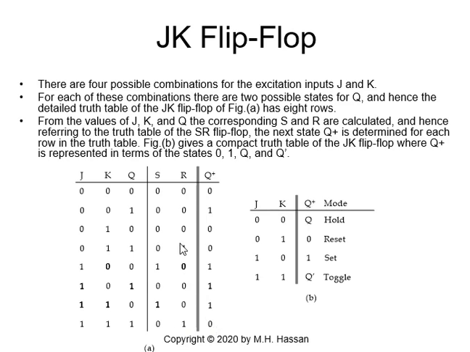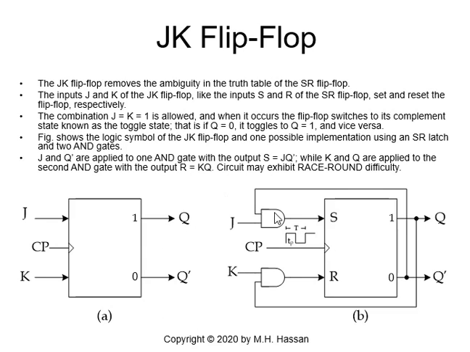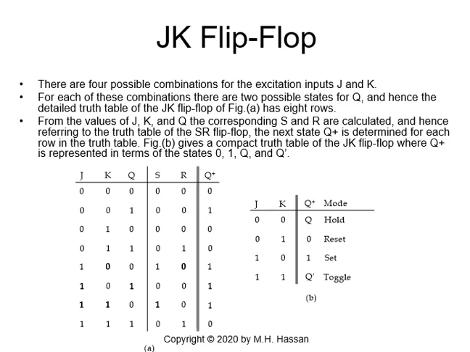So we evaluated the truth table based on the SR values from the truth table of the SR flip-flop. S and R were evaluated from the 2 logic functions, which are simply S = JQ prime and R = KQ. Those simple equations. If you look at JK, when both are zeros, this is the hold state.